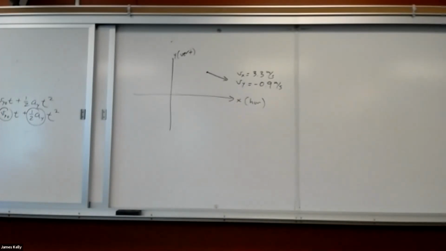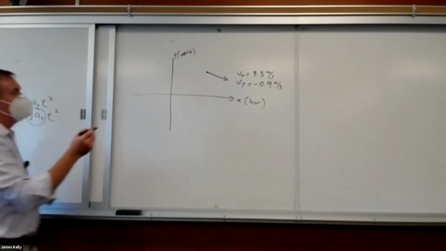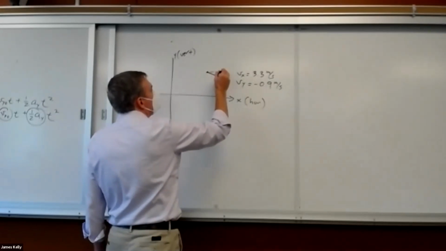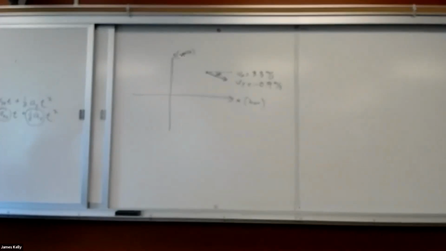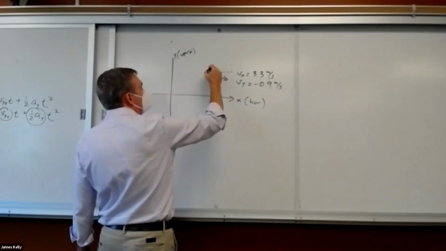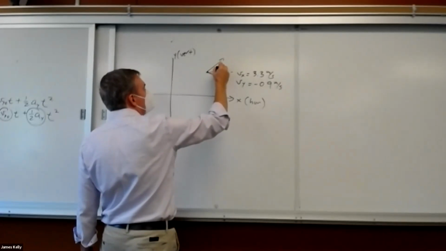It looks like it has a positive x that's bigger and a negative y component that's a little bit smaller in magnitude. When they say, what is the direction of this velocity at this time with respect to the horizontal, what is meant is, what is this angle? Or if my thing were up here, it would mean, what is this angle?